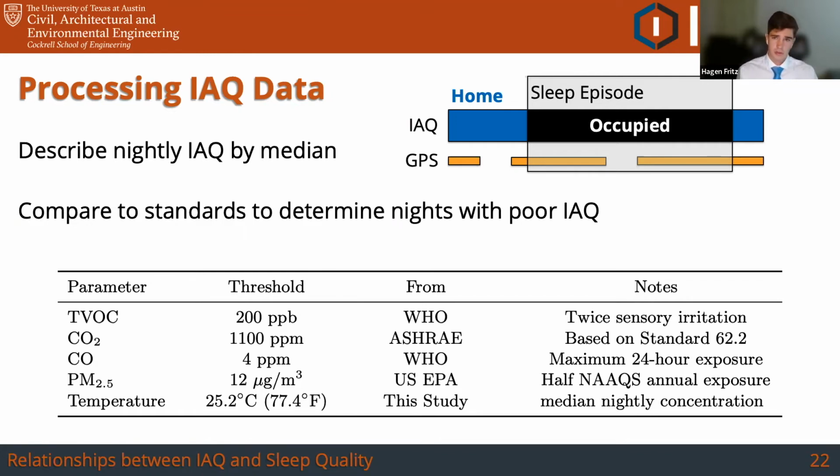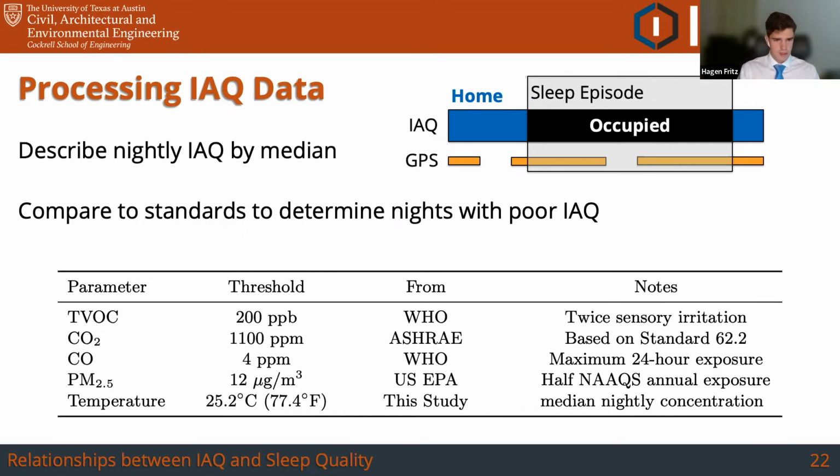So, for instance, if we take CO2, we would take the median CO2 concentration during the evening. If it was, let's say, 1,000 parts per million, and the threshold is 1,100, we'd say, okay, for that night the CO2 is at a satisfactory level, so that's a good air quality night. If it was 1,500 parts per million, then we would say that night was bad. It was an unsatisfactory night.